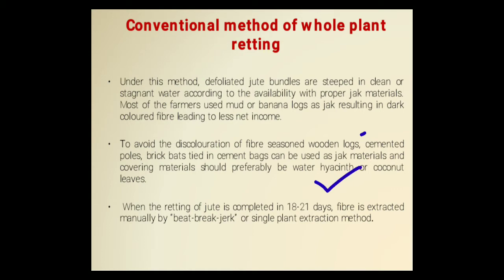To avoid decolorization of fibers, seasoned wood logs, cemented poles, and bricks are used as jack material to cover, or water hyacinth is also used to cover the jute. When the retting of jute is complete in 18 to 21 days, fiber is extracted manually by break, jerk. It is beaten, it is broken, and the fibers are basically collected.